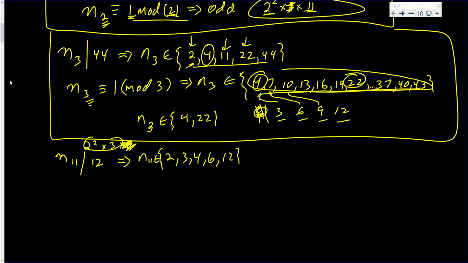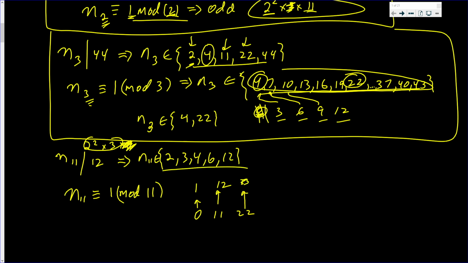But also, n_11 must be congruent to 1 mod 11. Well, you have the 11 table, 0, 11, 22, and you add 1. This number, 23, can't be on this list because it's too big.